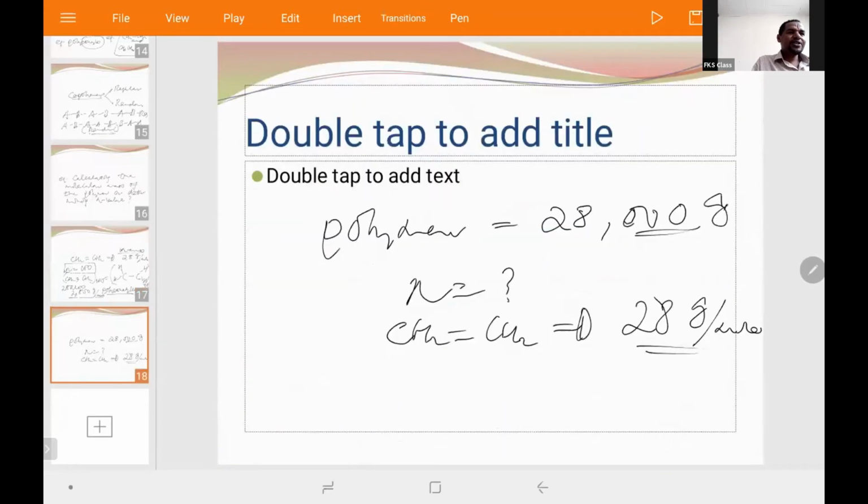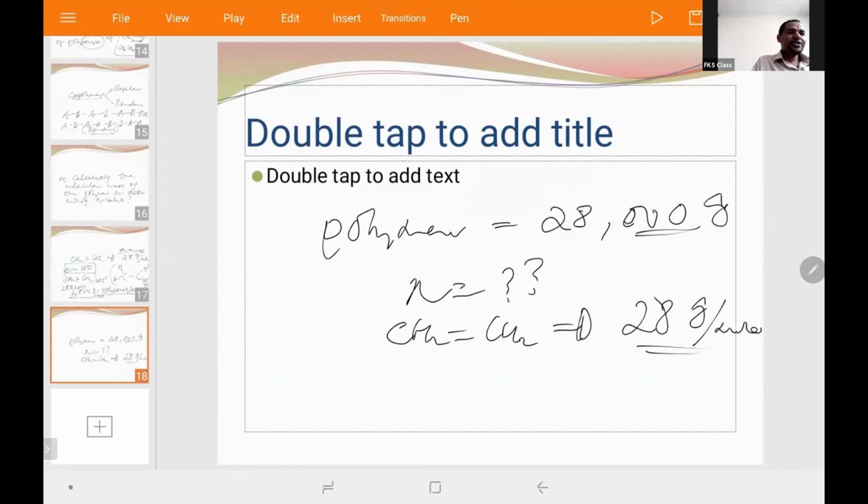The second one is a polymer with molecular mass 28000, and the monomer, a single unit, is the same, 28 gram per mole. How many moles are required? Calculate for N, how much is it? This is the question.